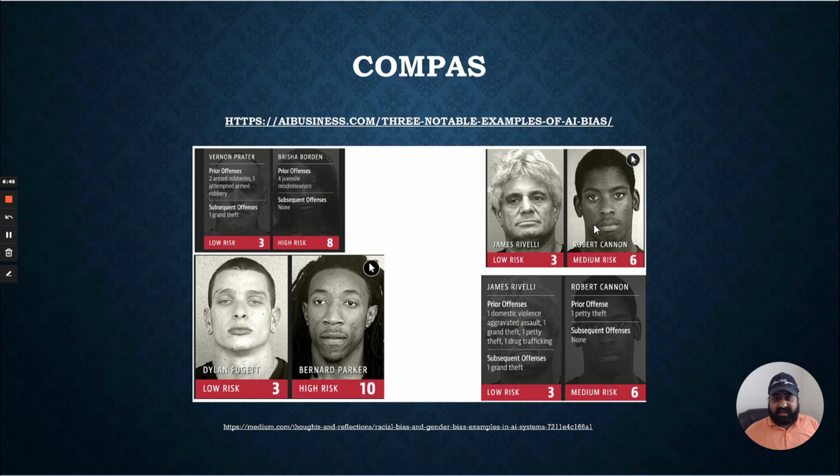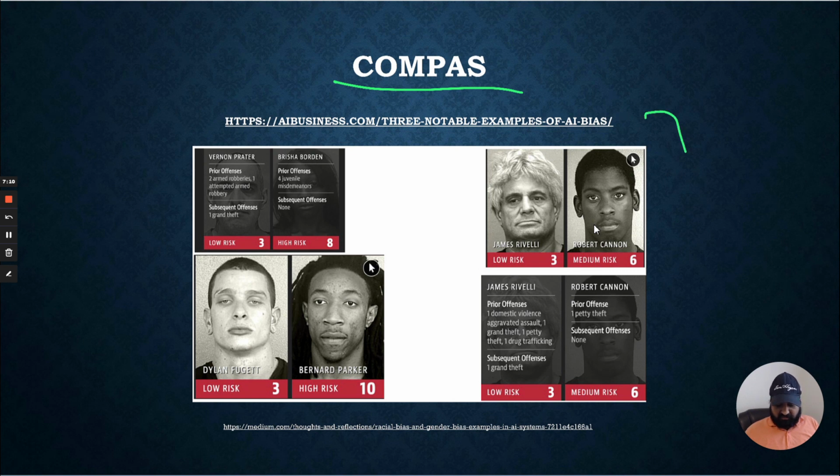Now, I'll give you some examples of why this is really important in recent times. There have been so many use cases of software. This is one example, which is the COMPAS system. I don't know if you know, but it was used widely by the courts in Florida to adjudicate, which is to judge whether a person can commit a crime or not.